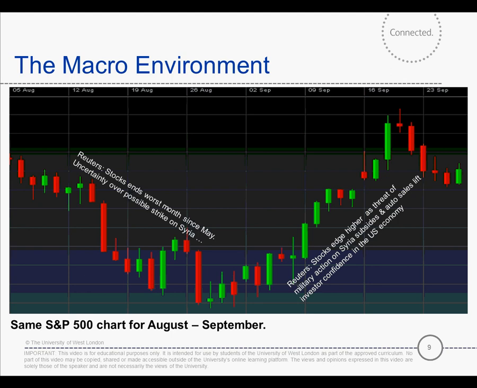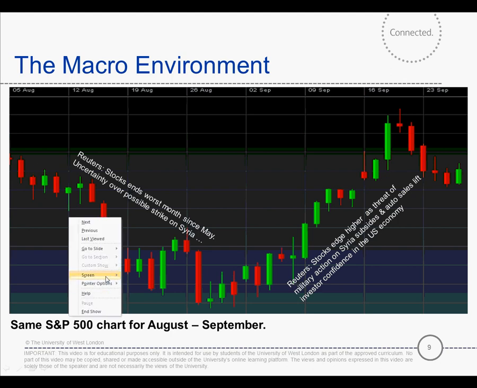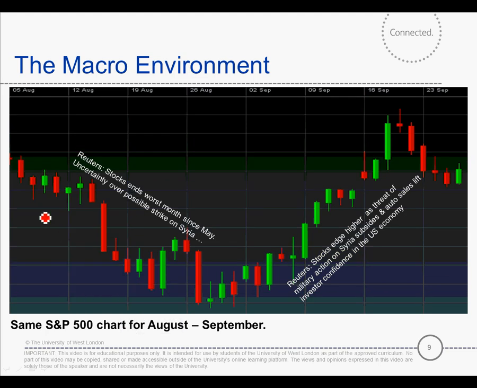To illustrate this point, I'm sticking to the S&P 500, and I'm looking at the August to September price chart. This market trend, you can see, was a very clear downward trend, and this was largely driven by the crisis in Syria.